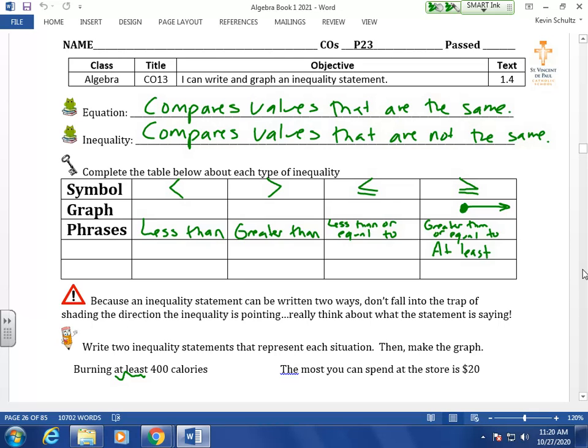Number included and everything else greater than it. So less than or equal to is going to have a closed circle going left. And it's the less than and greater than symbols that have open circles because the number is not included in the solution.